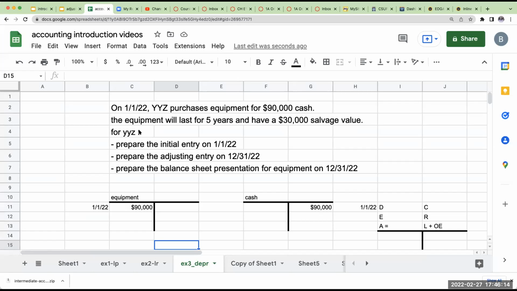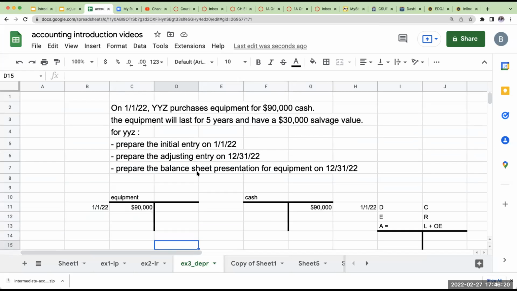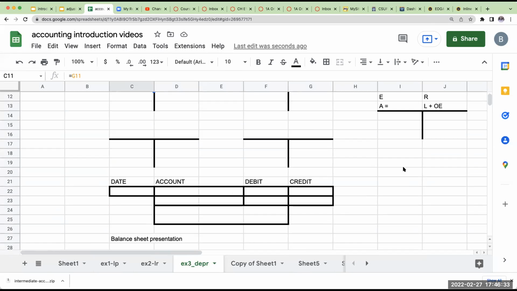The second thing I'm going to do is say, okay, I've got to depreciate the asset because I come to the end of the accounting period on December 31st. Have I shown the expenses? Do my expenses reflect the use of that asset? If I've used it for a year, which in this case I have, I need to record the depreciation expense. How do I do it?